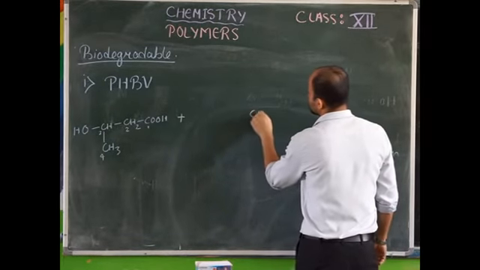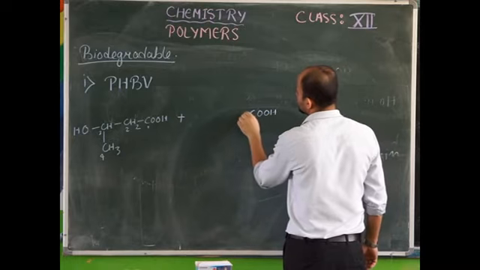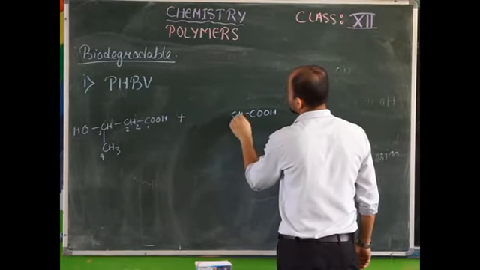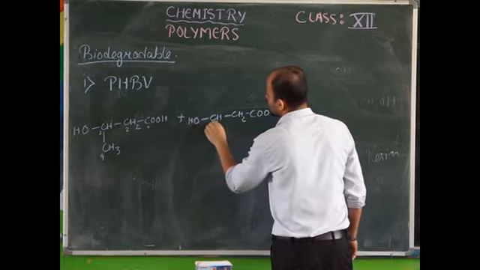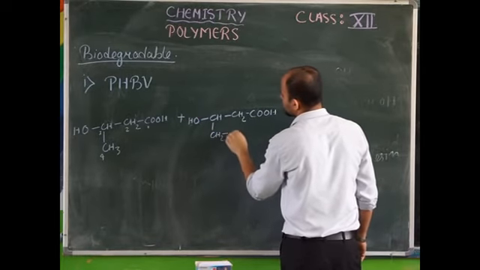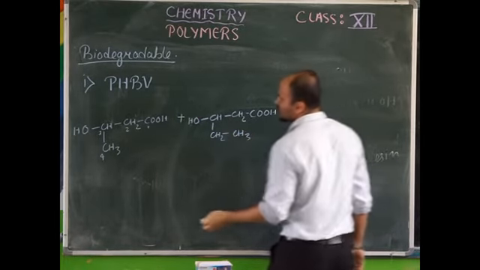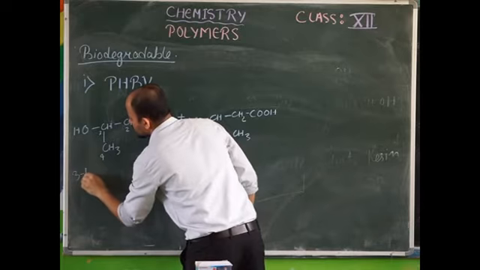So here we have COOH, CH2, CHOH, CH2, and CH3.